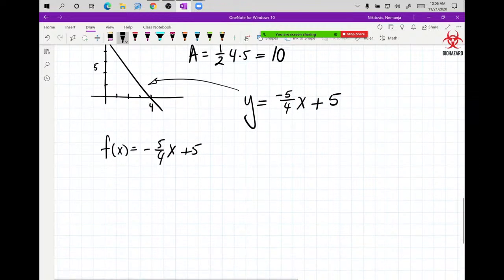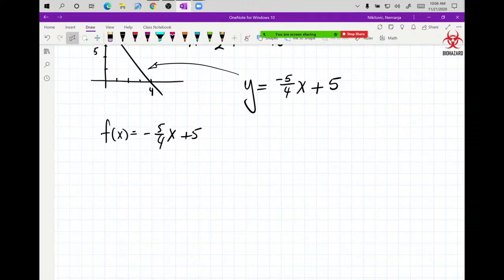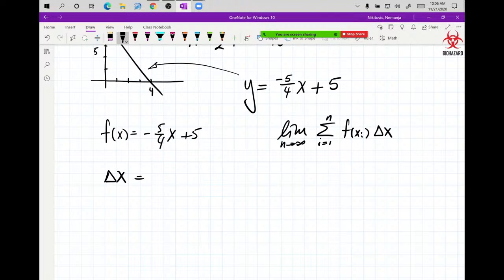Perfect. I have that. And then I need the rest of the stuff. So limit n goes to infinity, summation i from 1 to n of f of xi times delta x. All right. So I can compute delta x immediately.